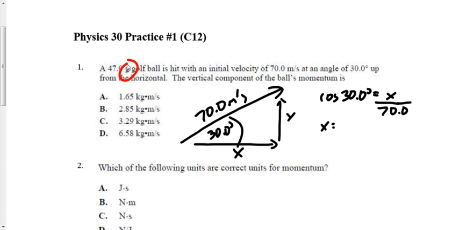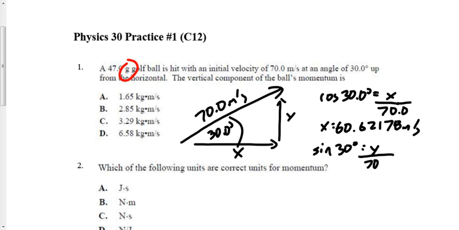Now, on my answer sheet, I don't actually have the answer there because, well, as it turns out, I didn't need to solve for that. 60.62177 from my calculator here. Now, the Y component is the opposite, right? So I'm going to say sine 30 degrees is equal to opposite over hypotenuse.